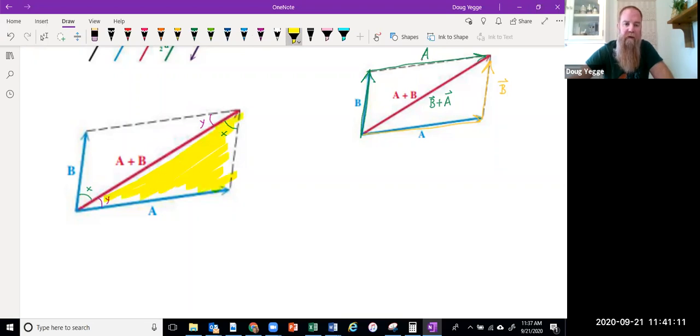We've got this triangle and the exact same triangle up here, because both of them have the angles of X and Y. So that must mean that the last angle is always going to be 180 degrees minus the sum of X plus Y. And so up here, that would be exactly the same quantity, 180 degrees minus the quantity of X and Y. So this is going to be a pretty helpful tool in order to be able to solve trigonometrically some applications involving vectors, because in order to do so, we're going to have to find some of those angles inside of the triangle.